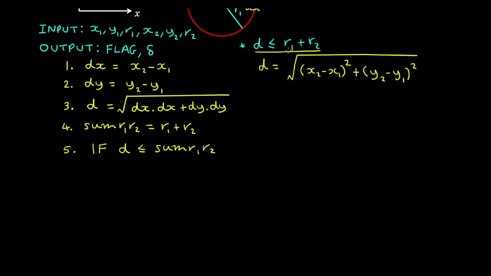According to this equation, then a collision has occurred, and we set the output flag to true. And we can also calculate the penetration depth between the spheres by subtracting the distance between the spheres from the sum of the radii.